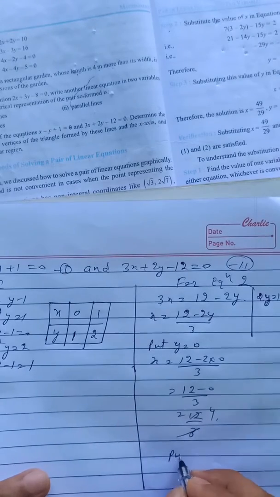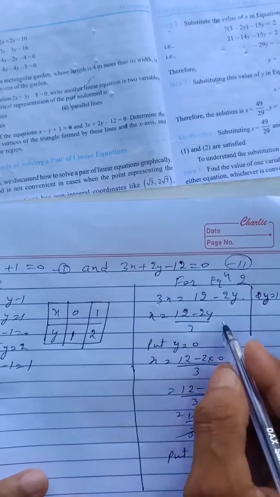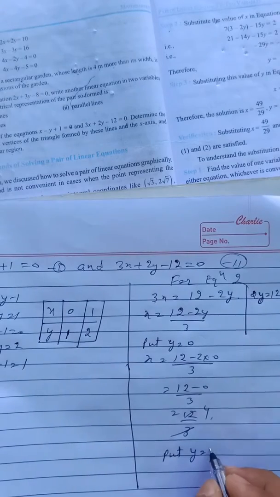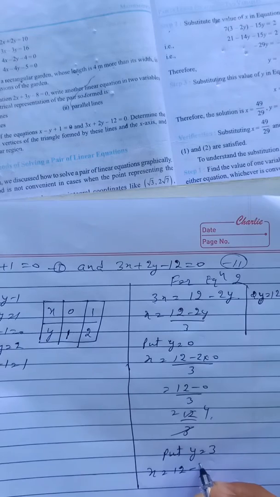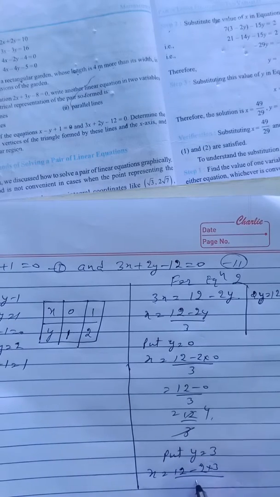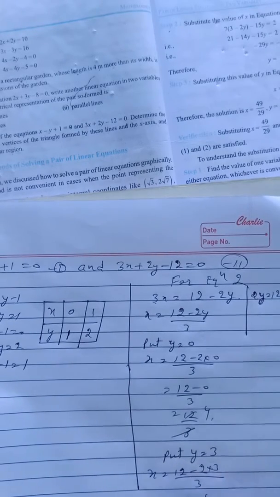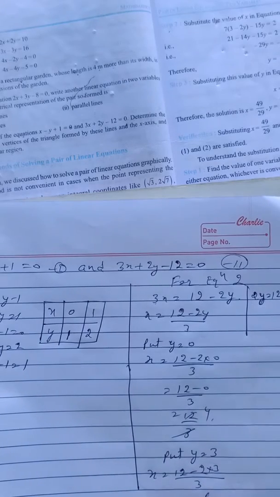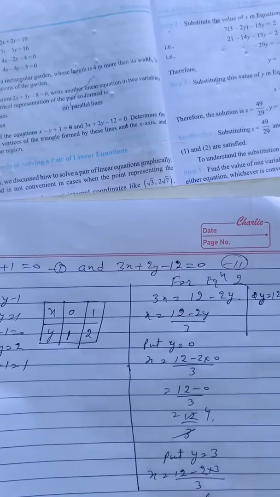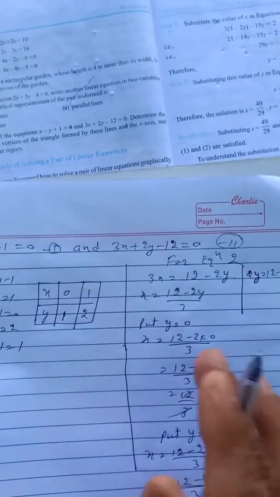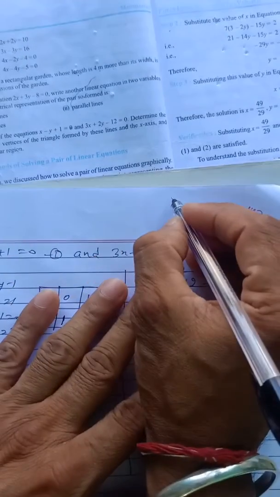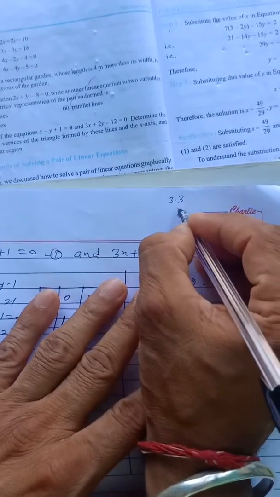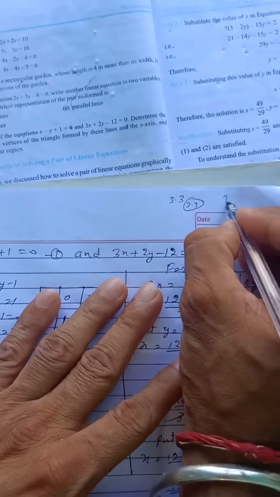Again, put y is equal to 3. x is equal to 12 minus 2 into 3 upon 3, which is 12 minus 6, which is 6 upon 3, which is 2. We should choose values from which we can calculate the complete value, not something like 3.3 or 3.4.